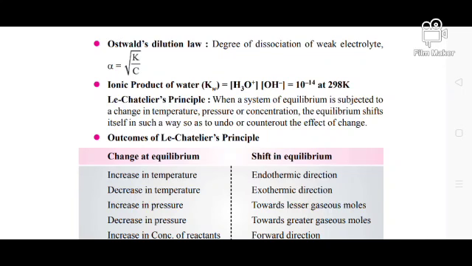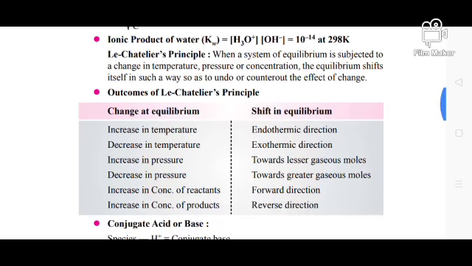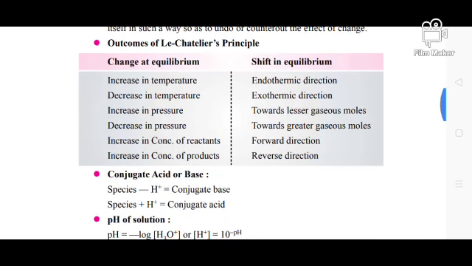It can shift to the reactant side or to the product side, in order to counteract the effect of the change. How it counteracts, we have to discuss now.